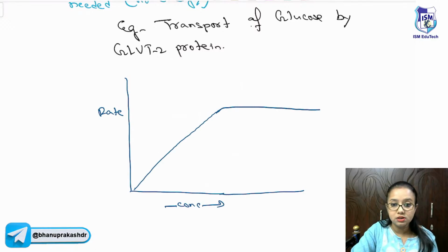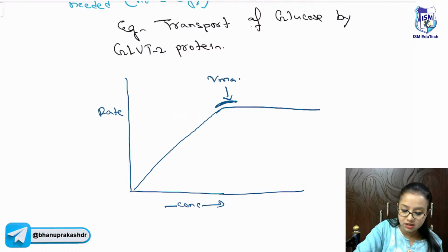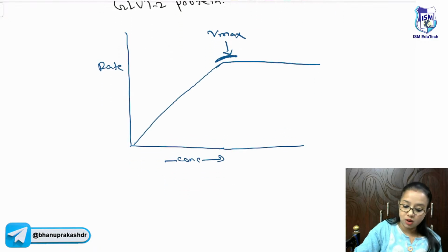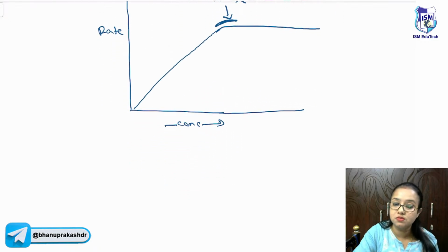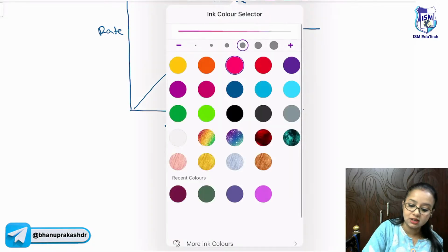There is no further increase even when the concentration is increased. Now this flat portion, the plateau where it begins, is called the Vmax. Now, why, unlike simple diffusion, do we get this kind of hyperbolic curve for facilitated diffusion? Because of the limitations of the carrier protein.